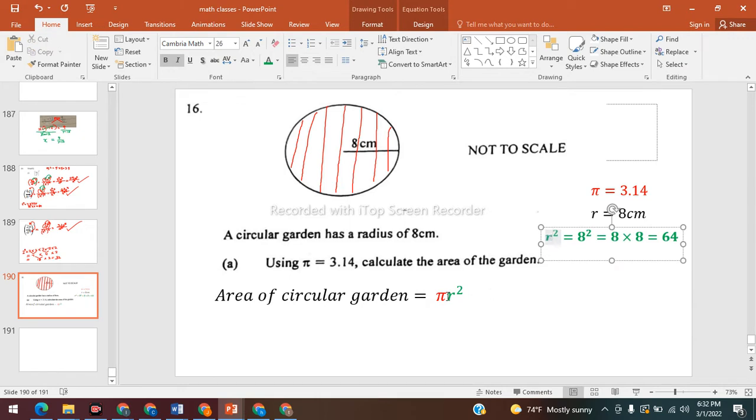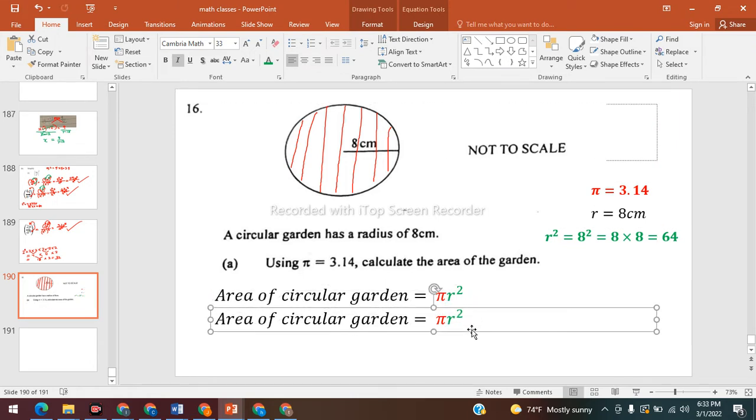So we know that pi is 3.14 and r squared is 64. So the area of the circular garden is going to be equal to pi, which is 3.14, multiplied by r squared, which we saw was what? We just did r squared. R squared is 64.